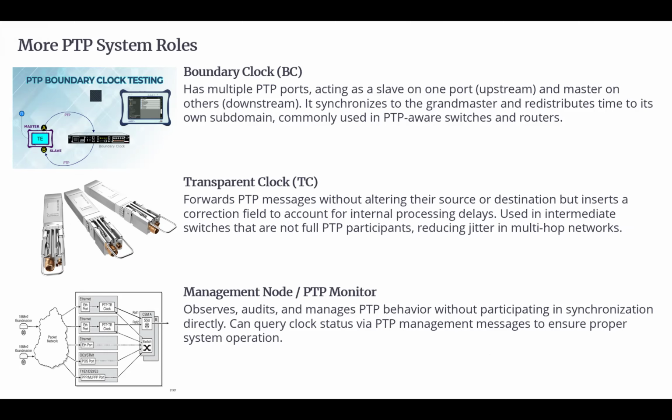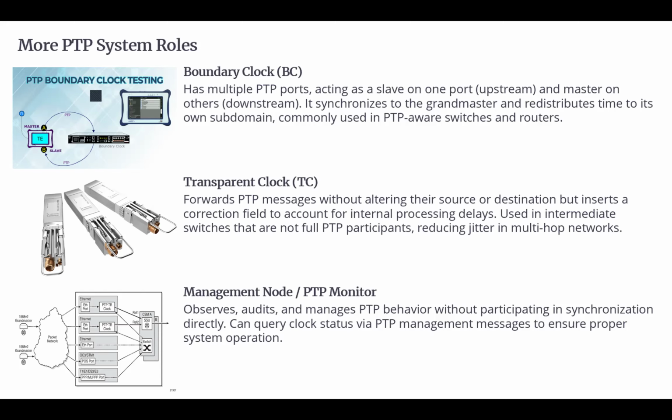This helps when we have a very wide network. We could have a hierarchy with several layers in our PTP system, and isolate the sections from each other so they would not affect the time synchronization of each other.